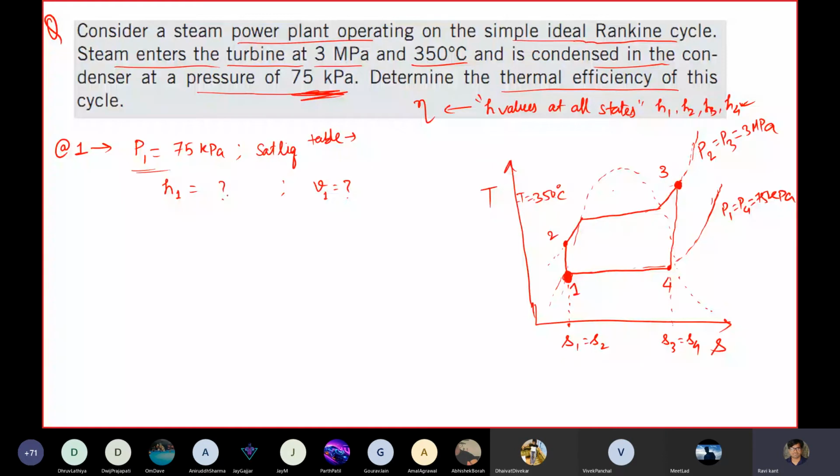So H1 at 75 kPa was 384.44 kilojoule per kg. And V1, the specific volume, is also given: 0.001037 meter cube per kg. So H1 is known here.